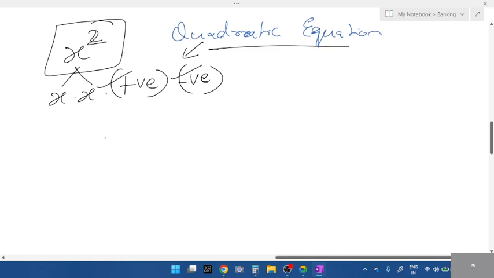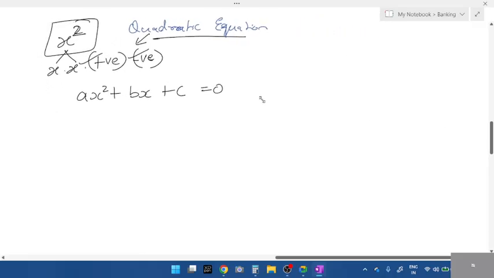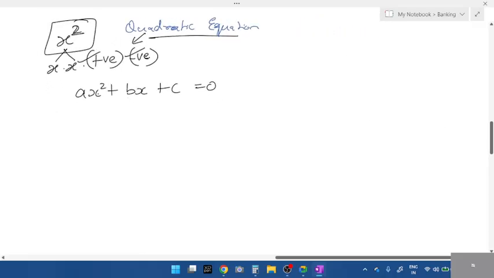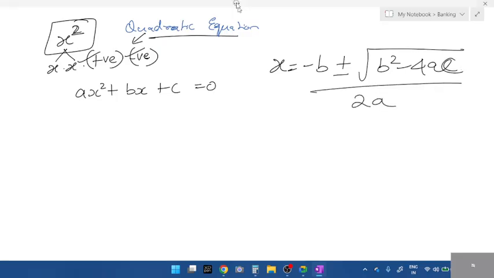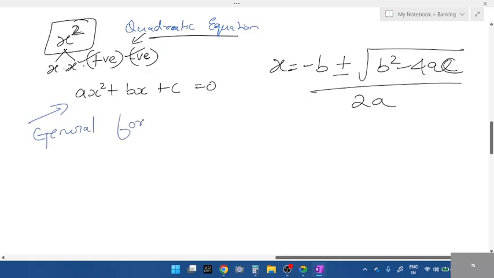Remember that. The general equation is ax square plus bx plus c is equal to 0. This is the equation. And the formula we use to find the x value here, we call Sridharacharya formula. x is equal to minus b plus or minus square root of b square minus 4ac, divided by 2a. All of you make a note of this. Just write quadratic equation, write this general equation, ax square plus bx plus c.